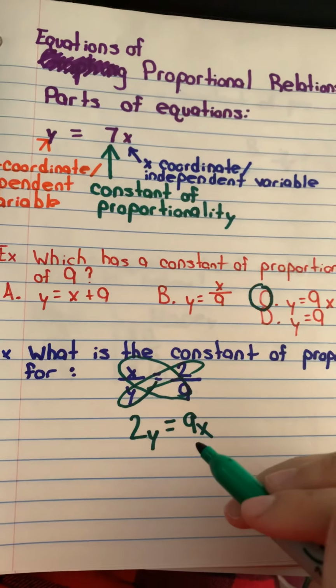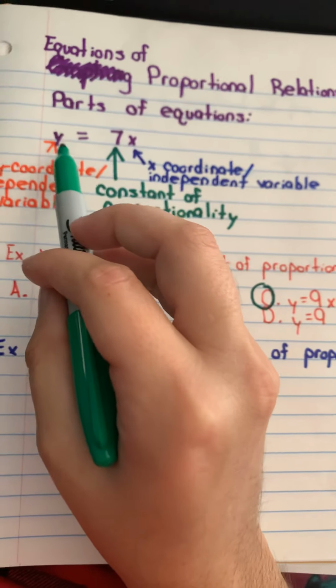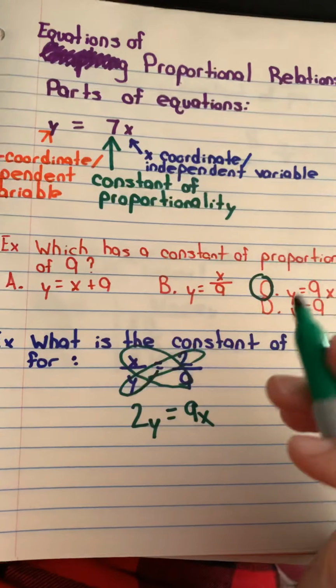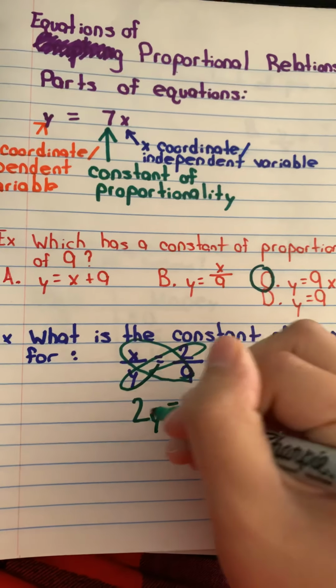So in order to solve this, to give you what looks like here, where you have the y by yourself because you want it to be y equals your constant of proportionality x, my whole goal is to get that y by itself. Not the x, the y.